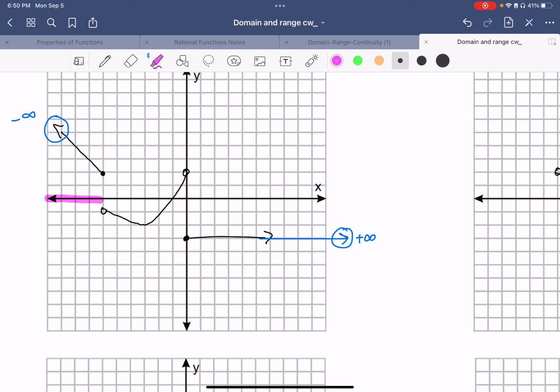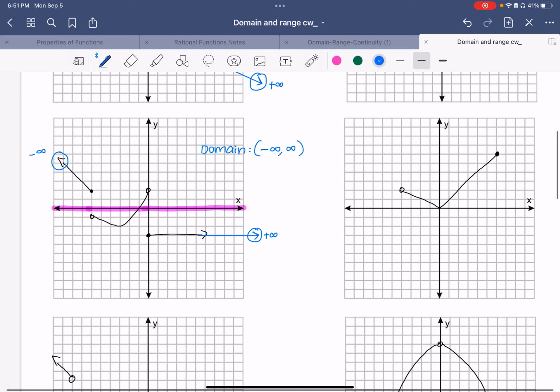Remember, you just need one defined point to keep going. Then I reach another spot where again, we have an open circle, but a closed one. When that happens, if you have at least one closed, you can keep going and not have to break up the domain. And that one goes on infinitely. So you can see we never stopped shading. This domain will be all real numbers, negative infinity to positive infinity.